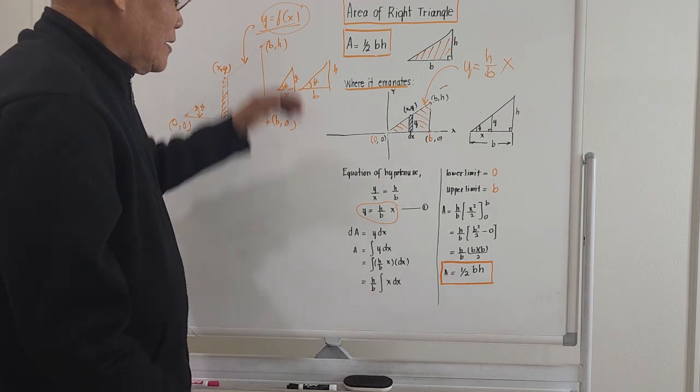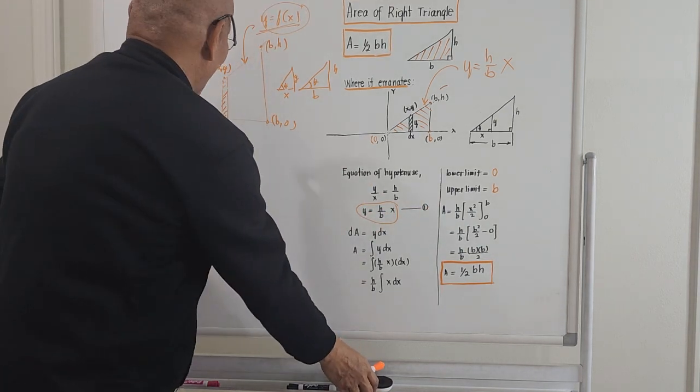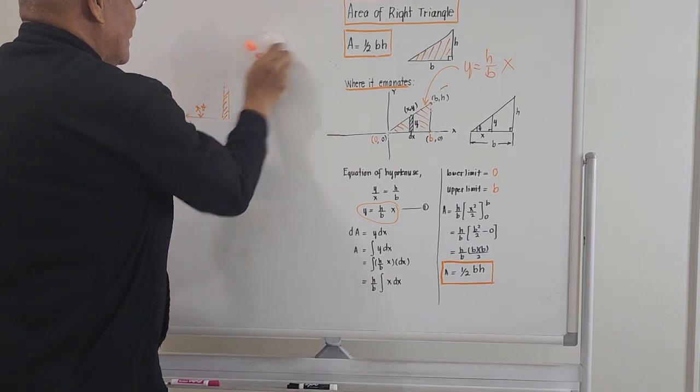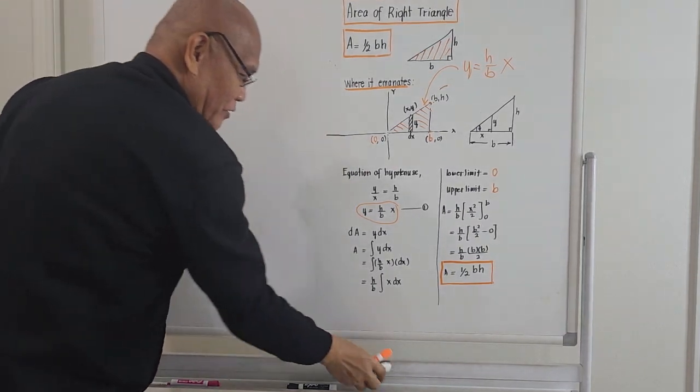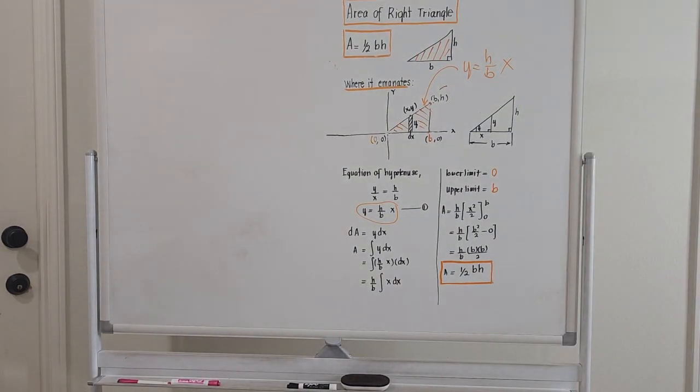So we now know the equation of the hypotenuse, and if we try to take for the area, I will erase this one again. I will try to illustrate.